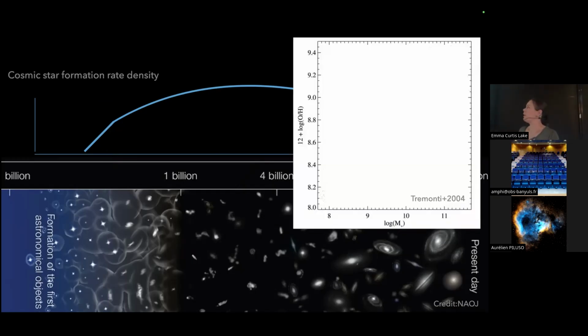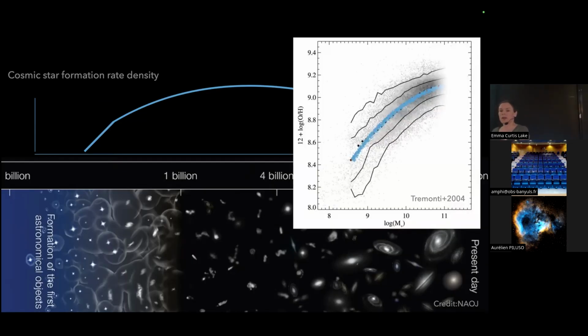But also at lower redshifts, we can do much more interesting things. There's the well-known relationship between stellar mass and gas phase oxygen abundance in the ISM. So this is the mass metallicity relation at low redshifts. So lower mass galaxies have lower metallicities.